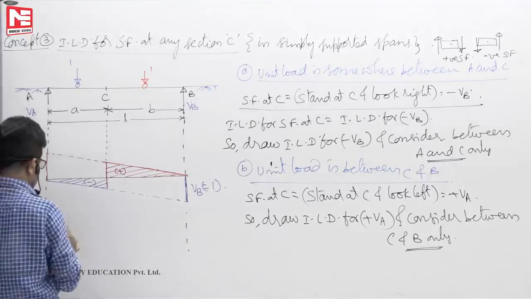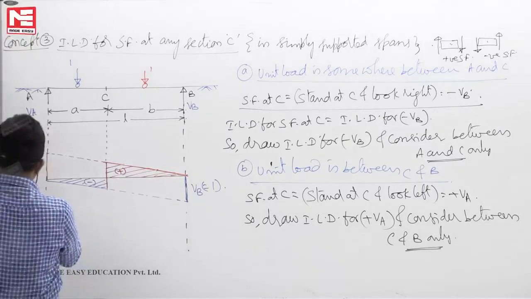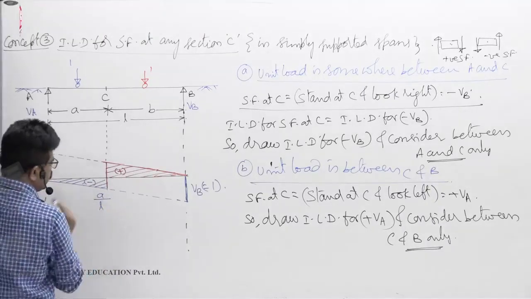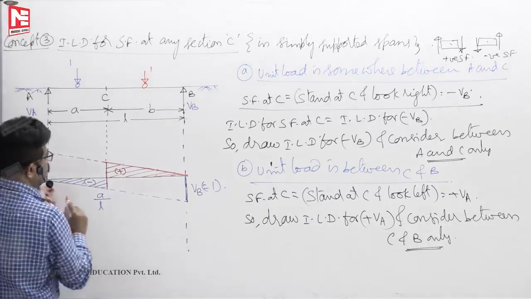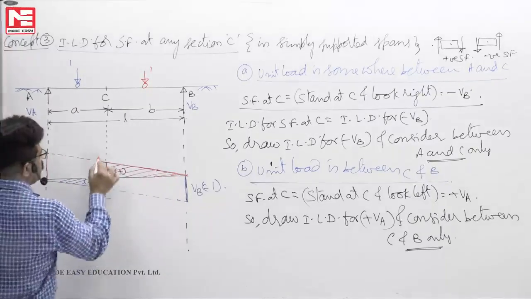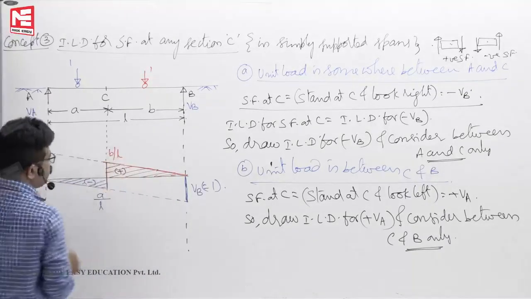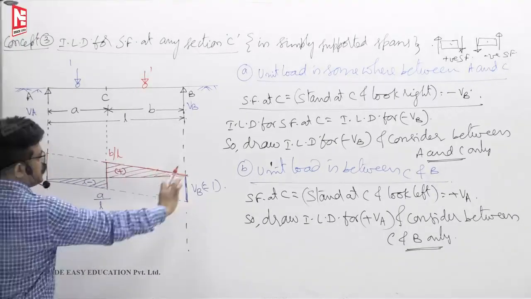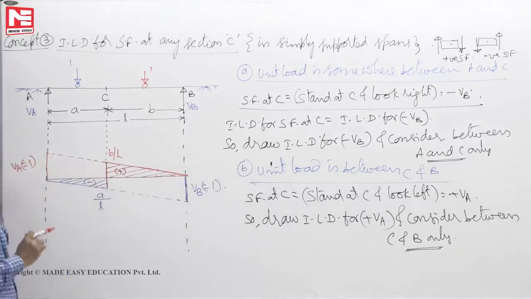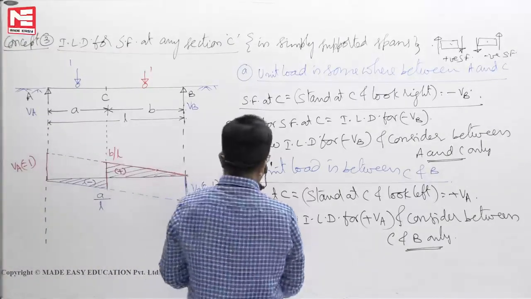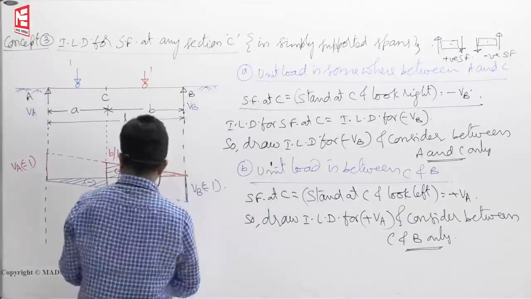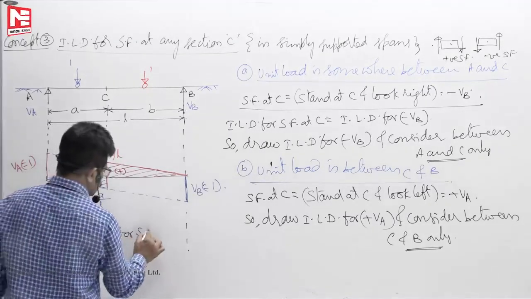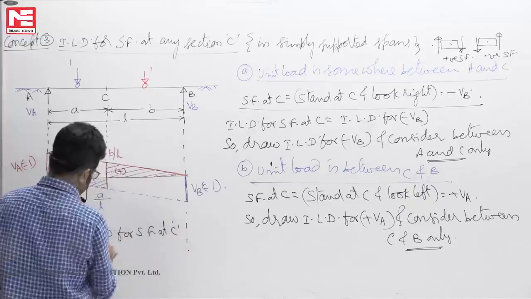Now this is linear interpolation if we take it. For a distance of L, 1. For a distance of A, this value is A by L. Whereas here, for a distance of B, B by L. Now A by L plus B by L, total ordinate becomes 1. So everywhere this ordinate is 1 only. So this is ILD for shear force at C.